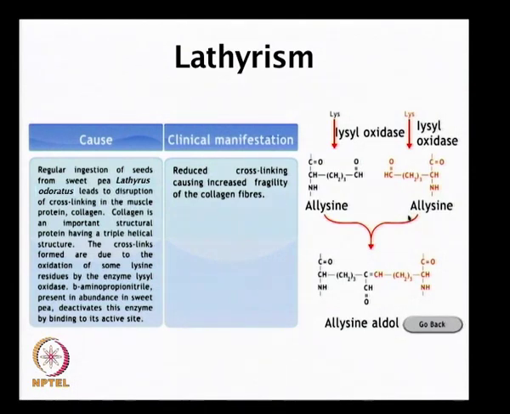Beta aminopropionitrile, present in abundance in sweet pea, deactivates this enzyme by binding to its active site. The clinical manifestation includes reduced cross-linking causing increased fragility of the collagen fibers.